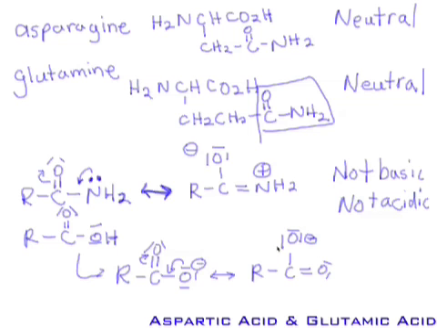Okay, well, since we've introduced carboxylic acids, why don't we look at some amino acids that have carboxylic acid side chains? And they're based on asparagine and glutamine. They are aspartic acid and glutamic acid. So let's draw aspartic acid.